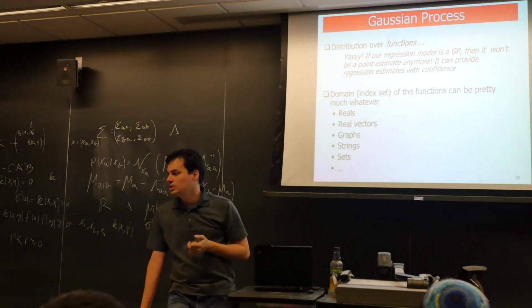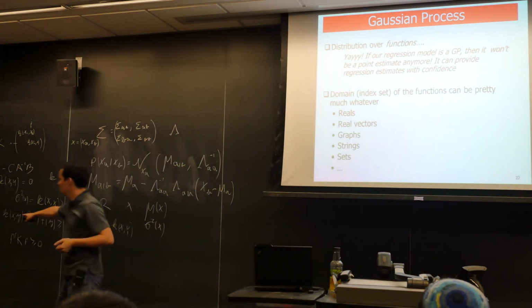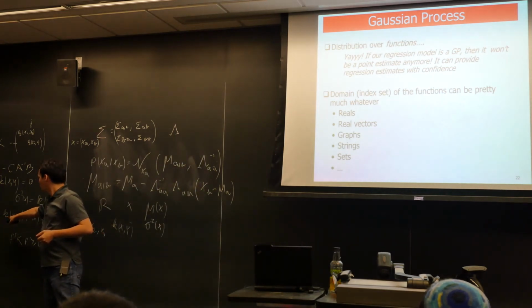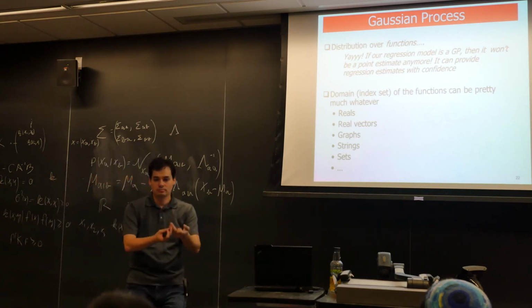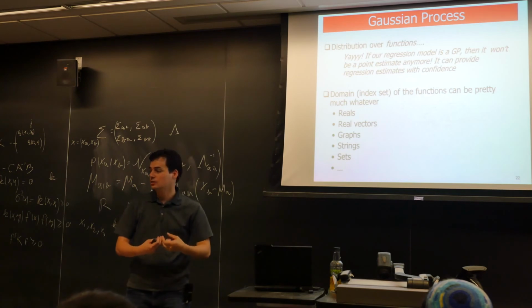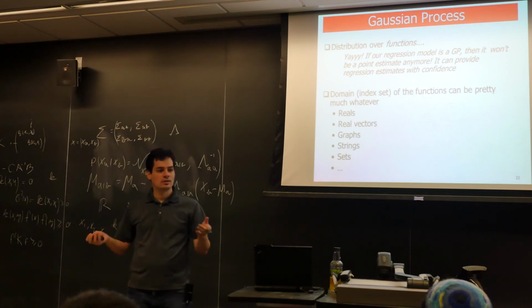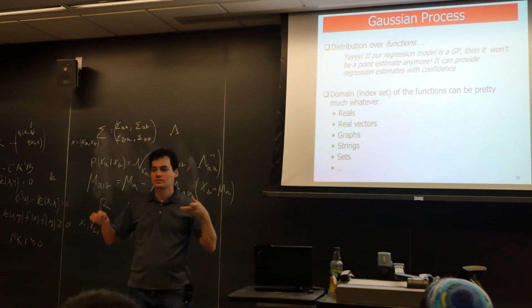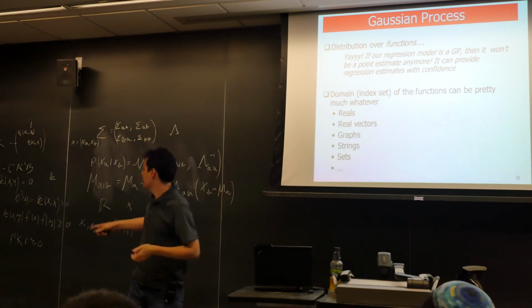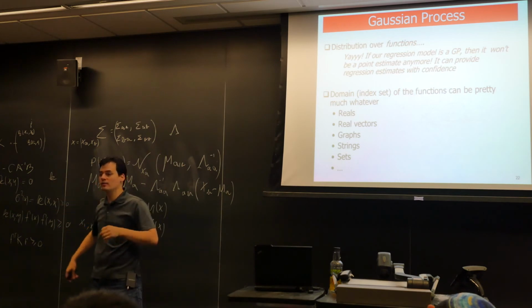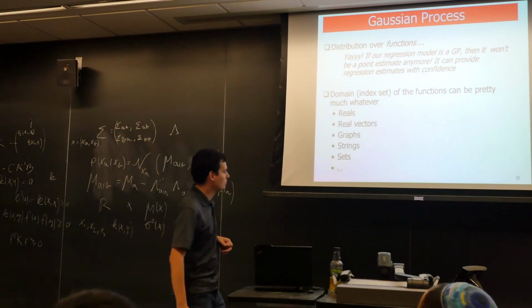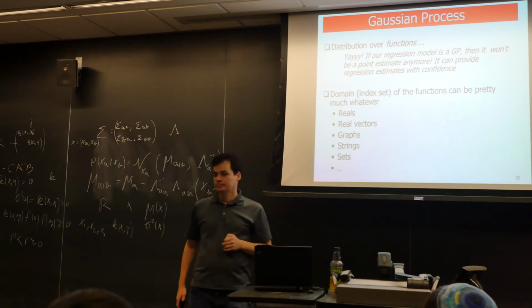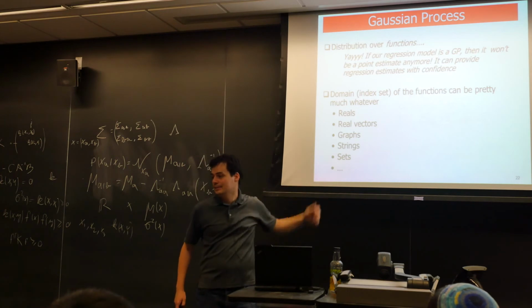What you need is just to define a kernel function k(x, y), where x is a graph and y is another graph. There are kernel functions on graphs, or kernel functions on strings. So your fantasy can go wild. If you can define positive semi-definite functions on those objects, then you can define a Gaussian process on them. Or they could be sets as well.